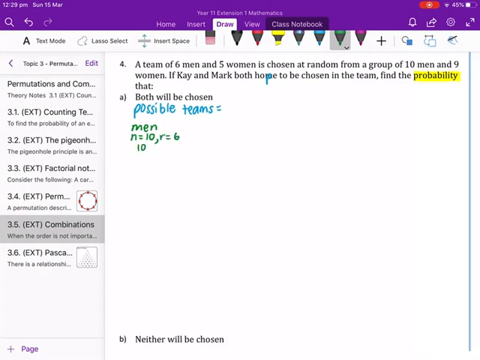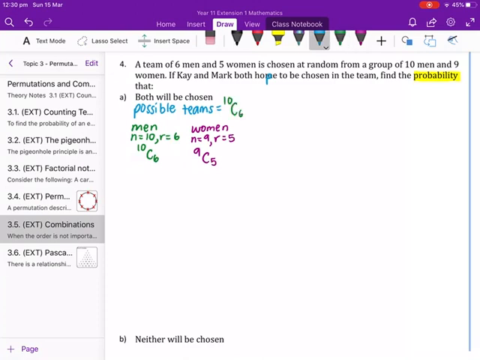So it will be 10C6. And our women, there is 9. So N equals 9, but only 5 can be chosen. So it's R equals 5, 9C5.